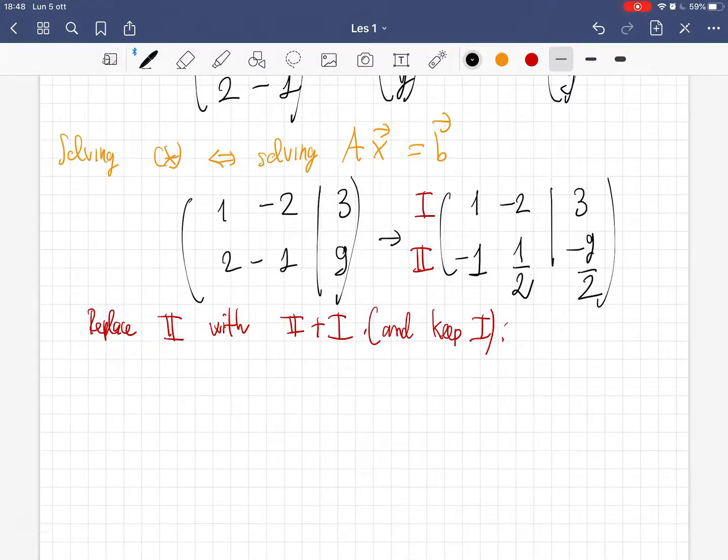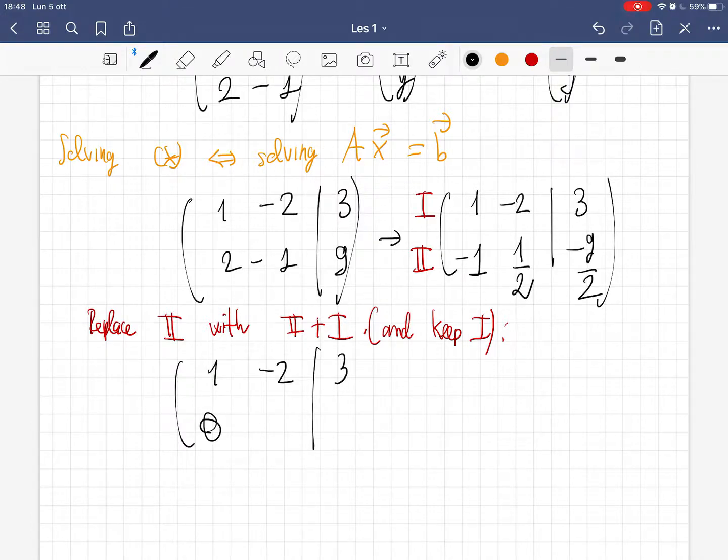I've multiplied the second by minus 1 over 2, so that I get a 0 as follows. So the first one is the same, and the second one is replaced with the sum of the two lines. So here you get a 0, and here you get minus... let me see.